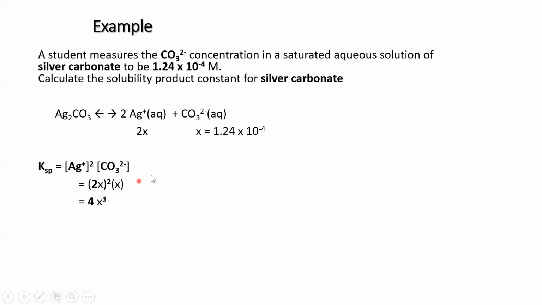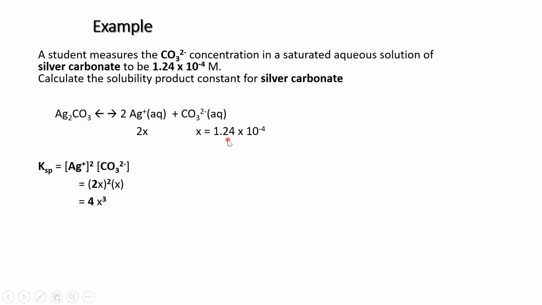Now, the question gave us x. We're going to substitute that in here, and we can calculate what the KSP is. Order of operation, exponents come before multiplying.